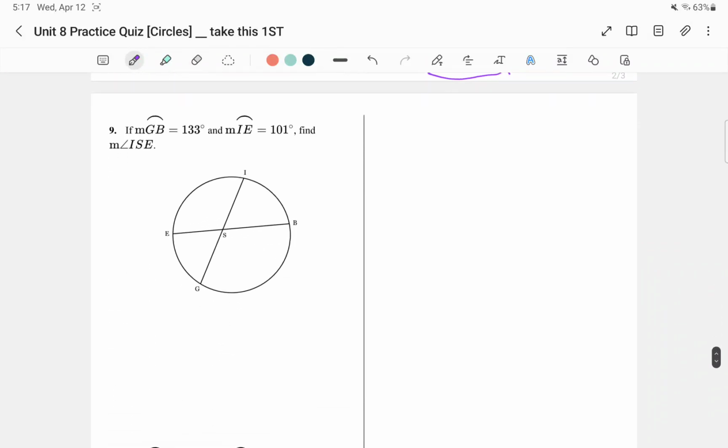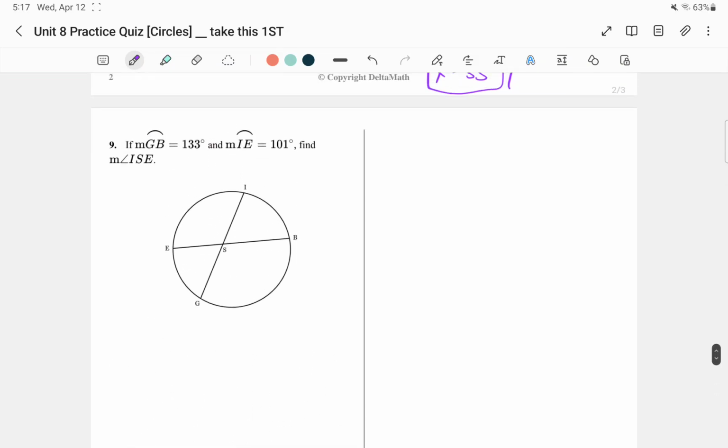So number 9 and number 10 are similar, except, right, when I have two chords that intersect inside, I'm going to use that formula of basically, well, let's label first. So GB is 133, and IE is 101, and we're going to find ISE, which is that angle here. So I'm going to write x is equal to half the sum, right, of these arcs, 101 plus 133.